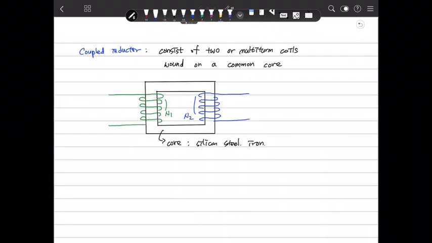Then there is some voltage connected in this way. This is AC, we call this V1. Then current flows through the first winding. This is I1. Then some voltage happens here. This is V2, and the current I2 flows in this way.